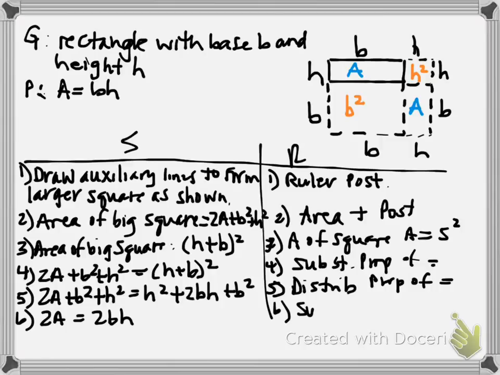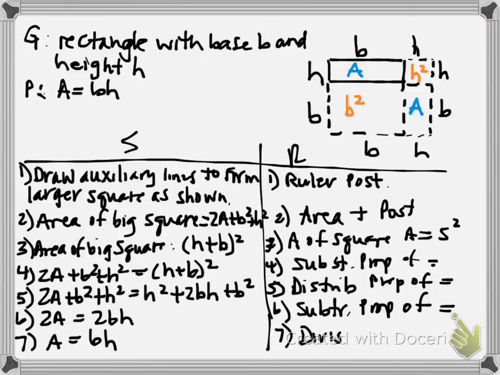So that's subtraction property of equality. And last but not least, divide both sides by 2. Because I'm doing math on both sides, it's a property of equality. So that's division property of equality. And that's how we prove what the formula for the area of a rectangle is.